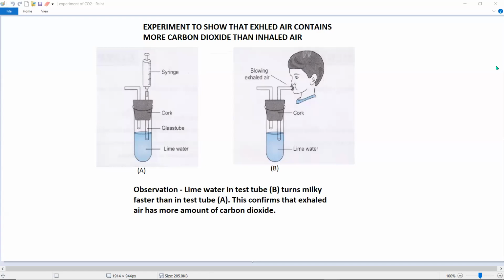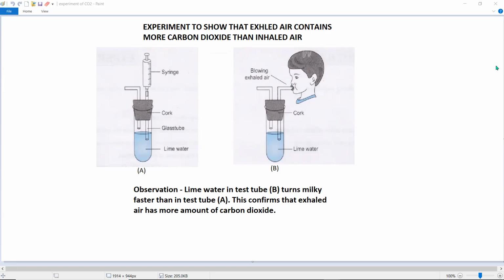Now, children, let us perform an experiment to show that exhaled air contains more carbon dioxide than inhaled air. For that, take two test tubes fitted with a two-bore rubber cork. In one hole, fit a long bent tube, while in the other hole, fit a short bent tube.